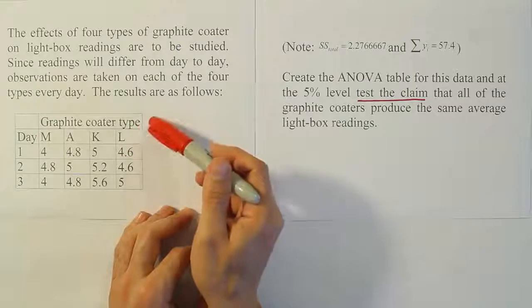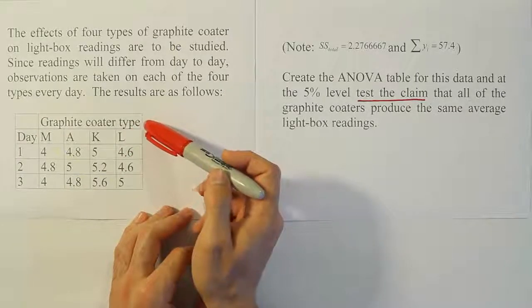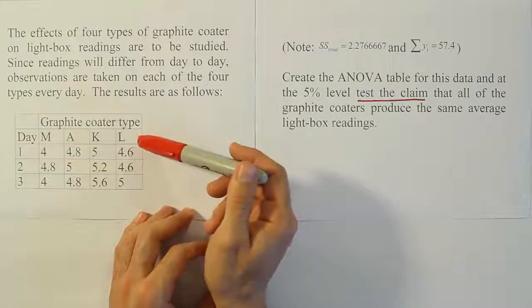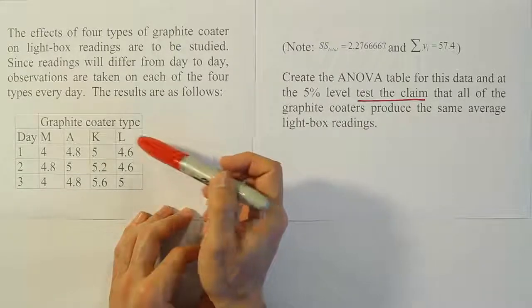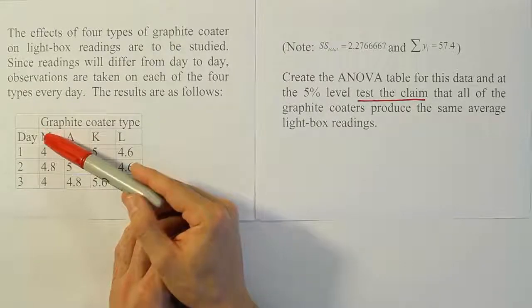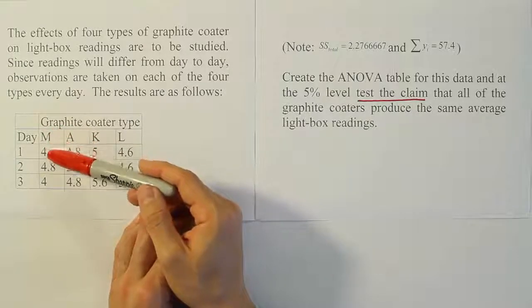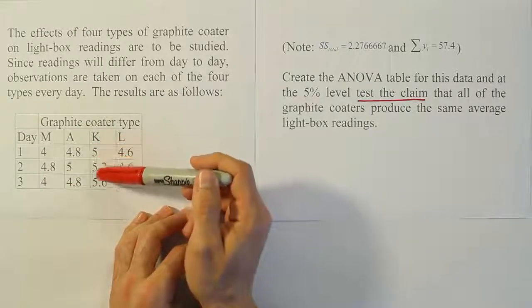Another thing about randomized block design before we begin is that we assume there's no interaction effect. What that means essentially is that the days and the graphite coder types aren't going to affect one another in a strange way. In other words, if M is the best graphite coder or the worst graphite coder, let's say, it'll be the worst across all the days. And if K is the best, it'd be the best across all the days.